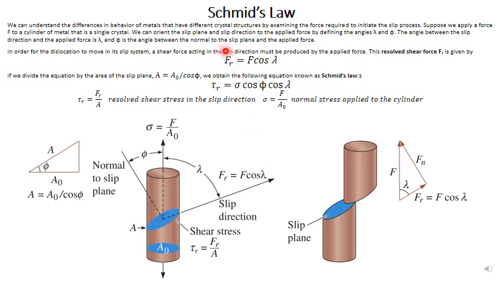Schmid's law is used to compare the stress needed for slip to occur. It can be used to compare the stress needed for slip between two slip systems in the same crystal structure, or to compare a slip system in a particular crystal structure with another.